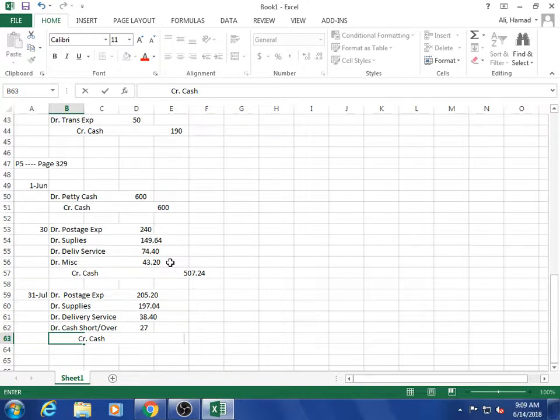Including the shortage, those expenses plus the shortage: $467.64.